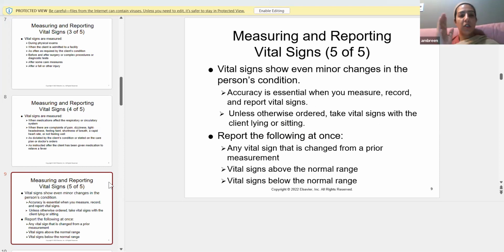Sitting up, she will do the vitals. The last, she will ask you, would you mind helping me to stand this patient? We'll stand the patient. We'll take the vitals, just standing. Ortho means lying, sitting, and standing. Those are called ortho vital signs.